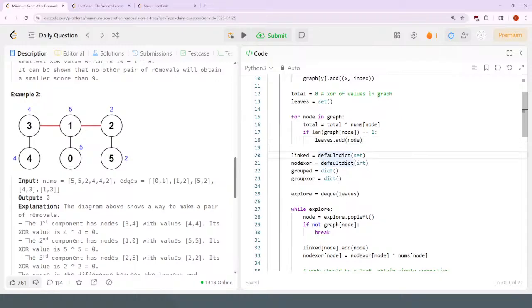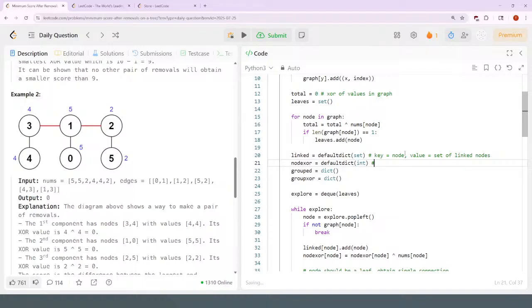And then moving on from there, there's going to be a few things to keep track of. One is for every node, there's going to be a set of things that are linked to that up to this point in the exploration of the graph. So I'll keep track of that as a default dictionary, the key being the node, the value being the set of linked nodes.